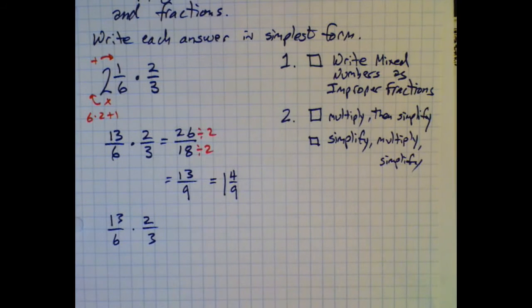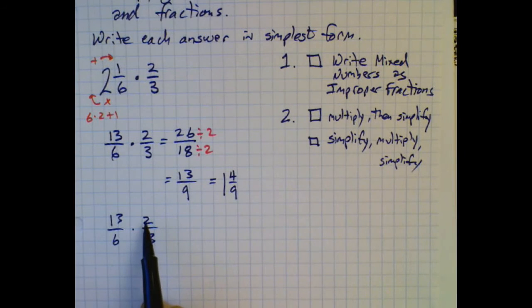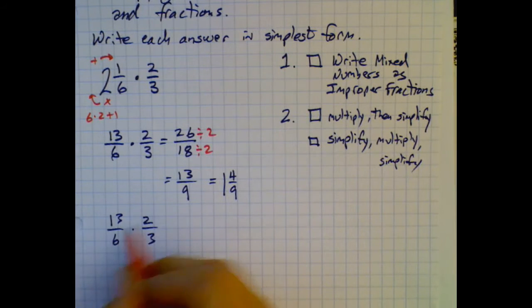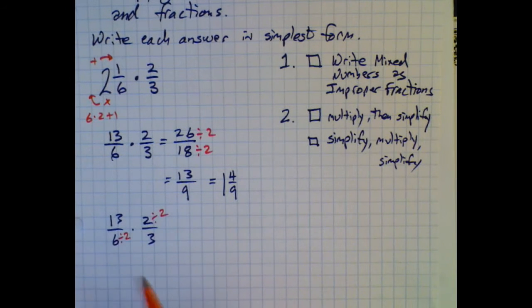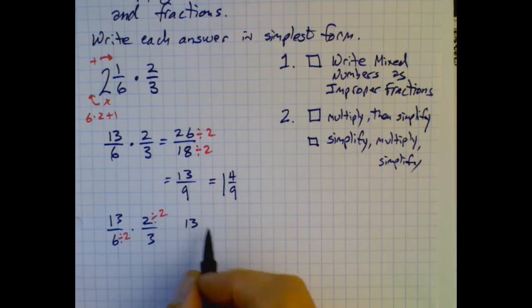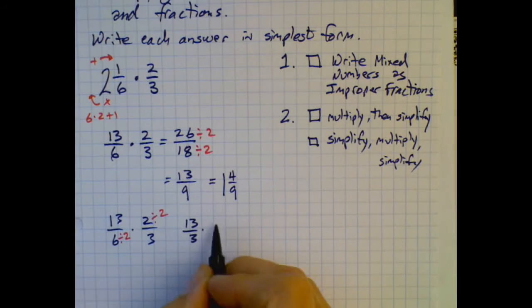Now, one thing I do notice is that this is even and this is even down here. So this is an opportunity for me to simplify before I get started. There are two ways to think about this. One is I can divide both of these numbers by 2. And when I do that, this becomes 13 over 3 times 1 over 3.